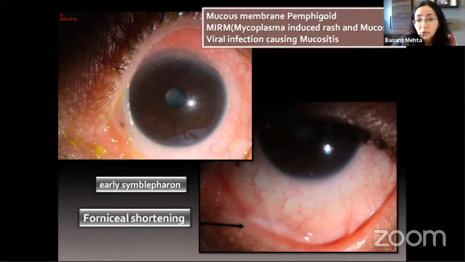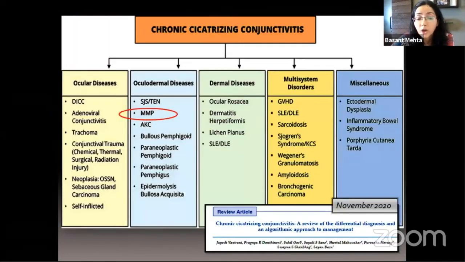So my differential for her would have been a mucous membrane pemphigoid, though she's only 50 years and she's having complaints since last 4 years at least. The other differential was mycoplasma-induced mucositis or some other viral infection which could have caused a mucositis. There's this excellent article by Dr. Jayesh Vazirani and colleagues in IJO November 2020, which has beautifully described all the causes of chronic cicatrizing conjunctivitis.